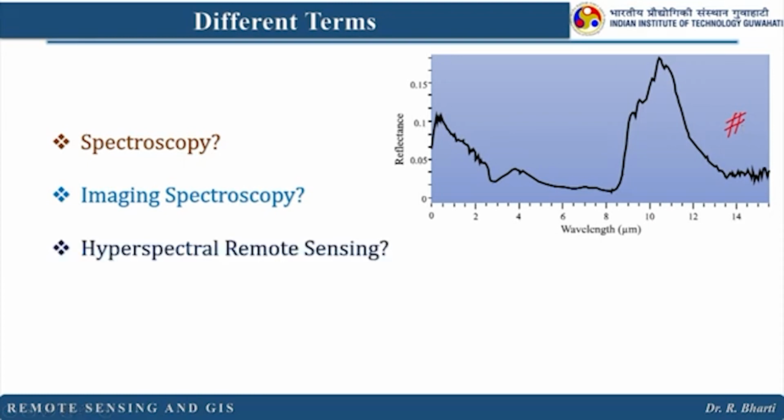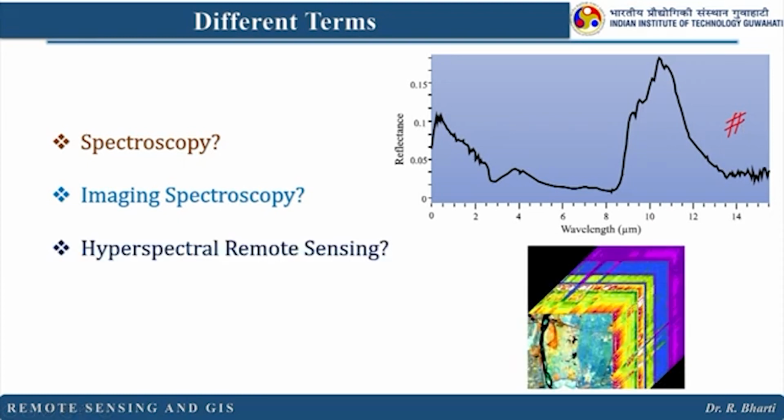Here you have the hypercube, the image cube of this hyperspectral data, where these are your stacked bands behind the main image, right. And the next term is hyperspectral remote sensing. Basically these two are the same. Sometimes people refer to imaging spectroscopy, sometimes they call it hyperspectral remote sensing. So don't get confused, both are the same, right.